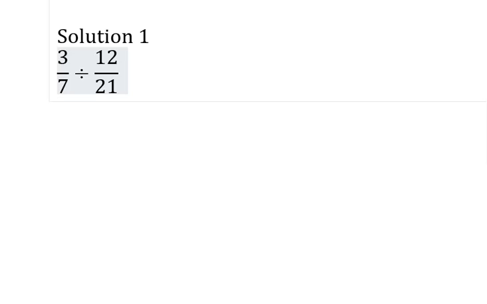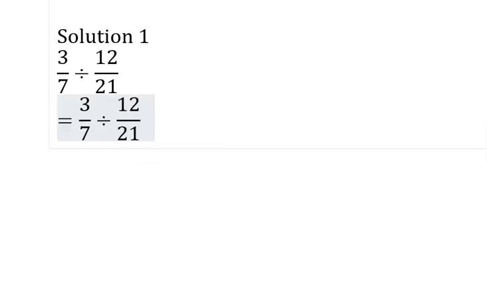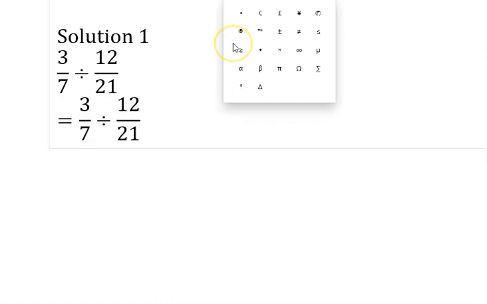That's the first question. So, like I said, what you need to do first is to change this division sign to what? To multiplication. That's the first thing we are going to do.